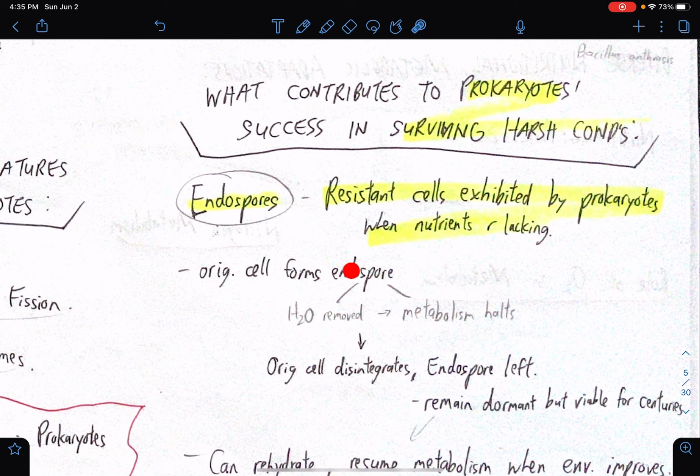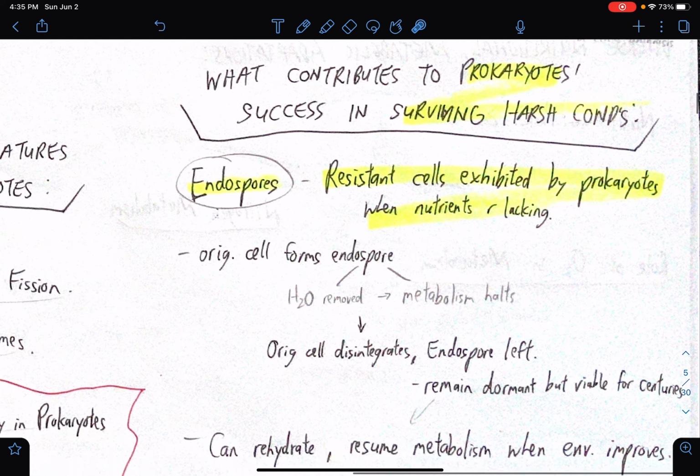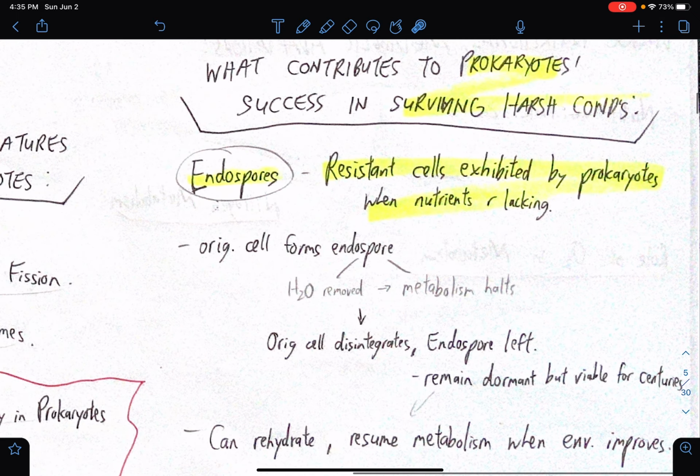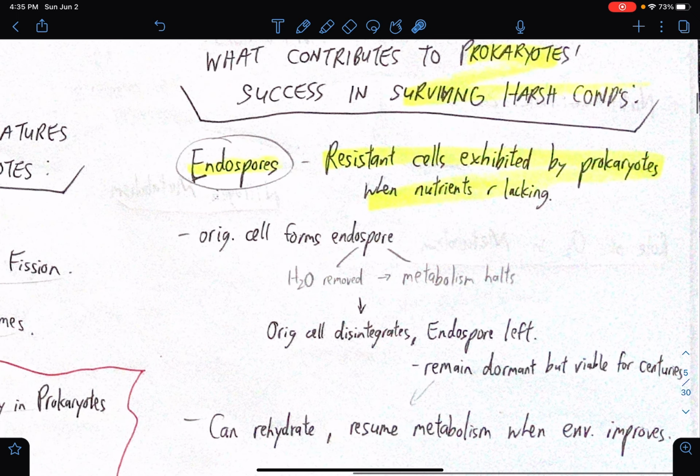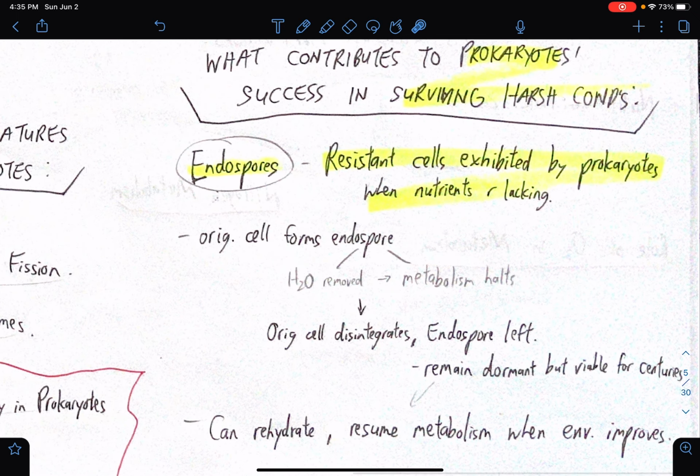The original cell forms the endospore. Basically, the water is removed and the metabolism halts. So basically, prokaryotes enter a state of dormancy, and when conditions are favorable again, that's when they return and go back to carrying out metabolic functions. It's similar to how plants, such as cactus, close.